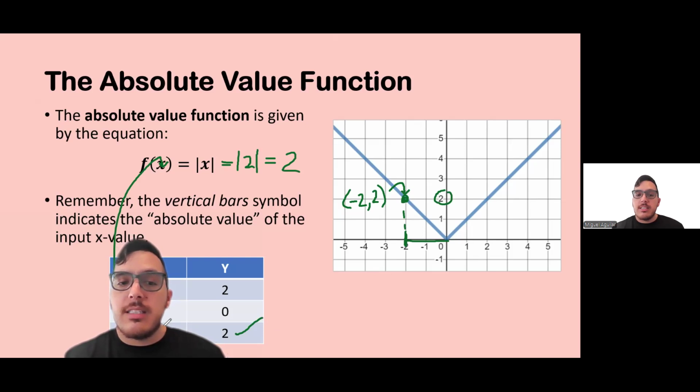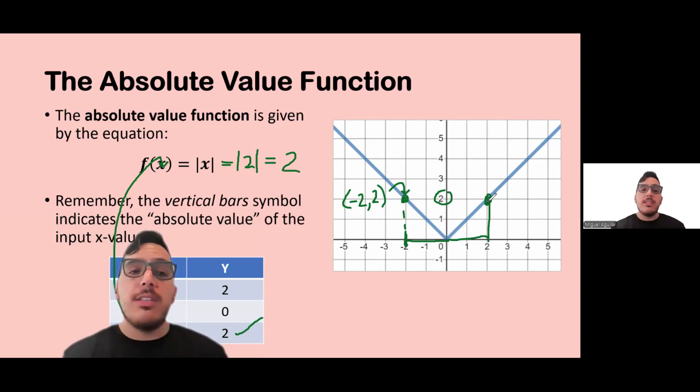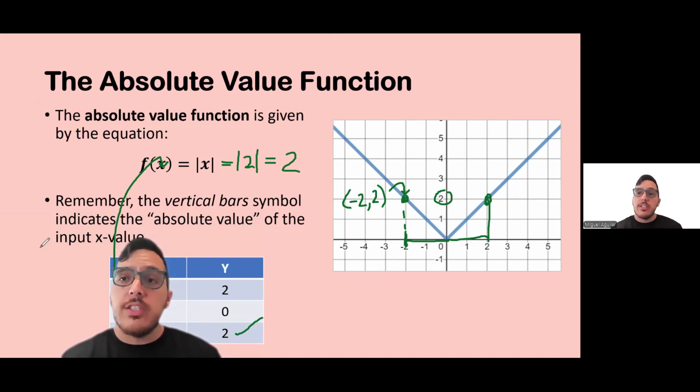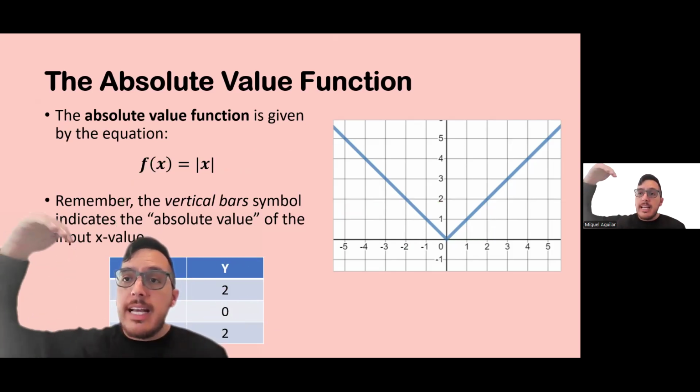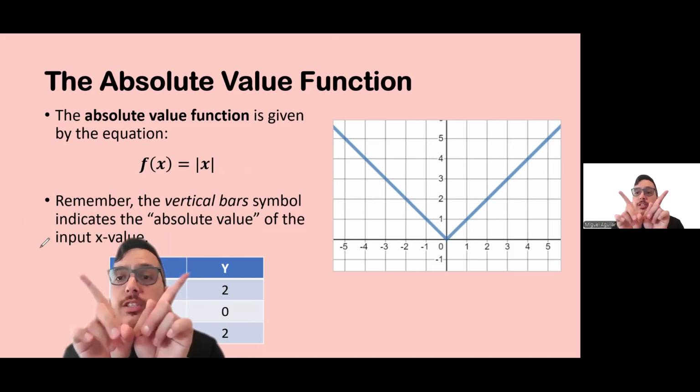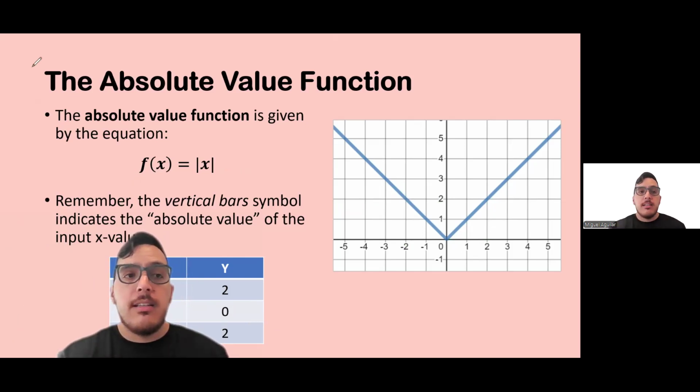So if I look at this ordered pair that I have, 2, comma 2, then I should be able to go over to the right 2 and then up 2, and I definitely have that point on my function. So the absolute value function is always going to give you this V-shaped function. Okay, don't confuse that with the quadratic function, which is a U-shaped function. It has a curve. The absolute value function is always going to be pointy. Okay.